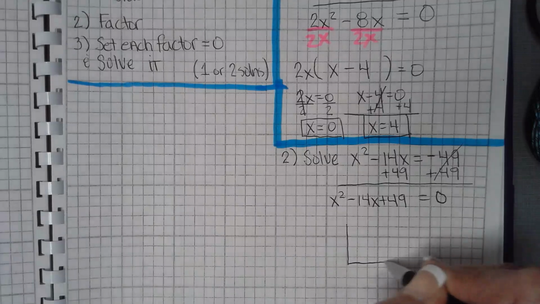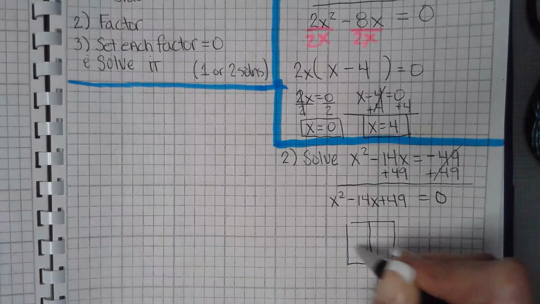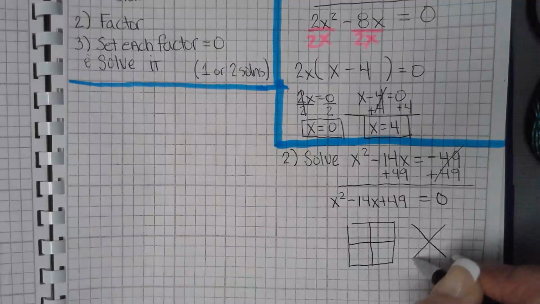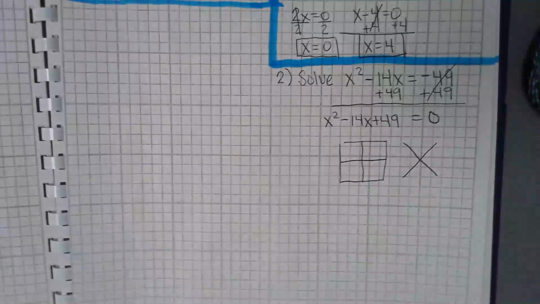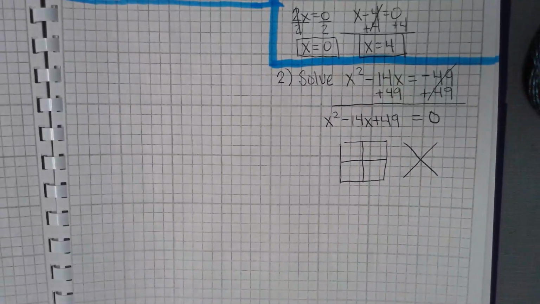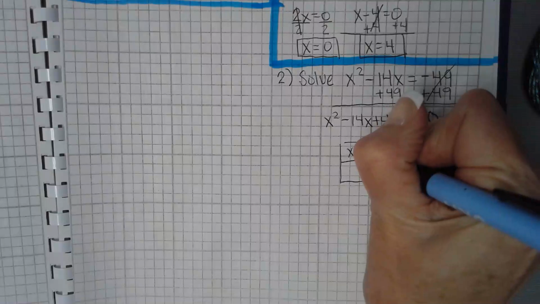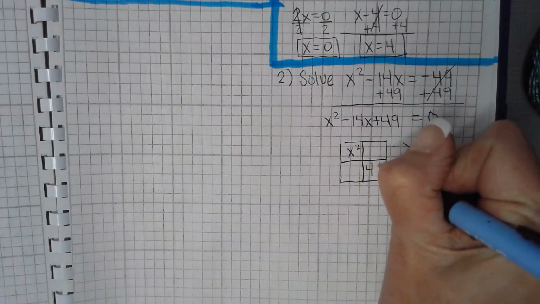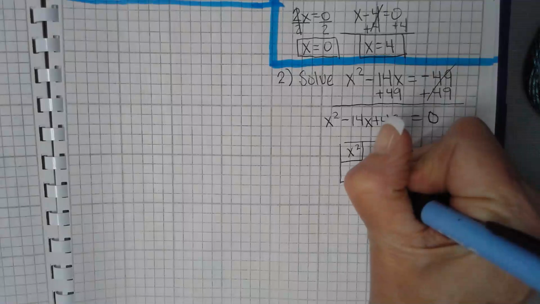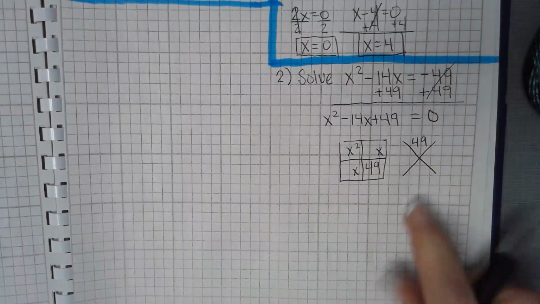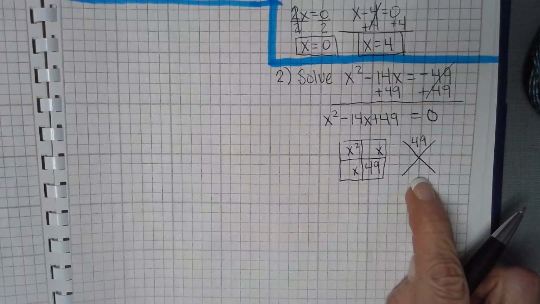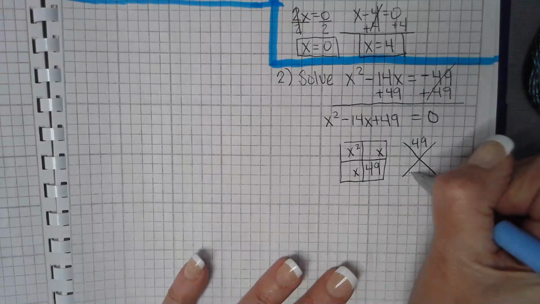So here we go. We're going to set up our 2 by 2 box. We're going to set up our x. First term, first box. Last term, last box. Throw your x's in there. Multiply together. We have a 49 on top. What goes in the bottom of the x? Negative 14.